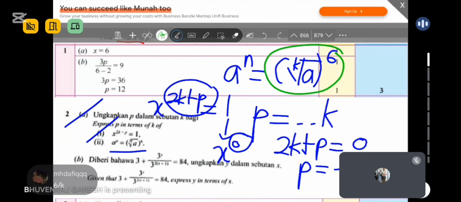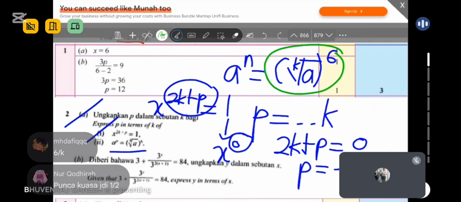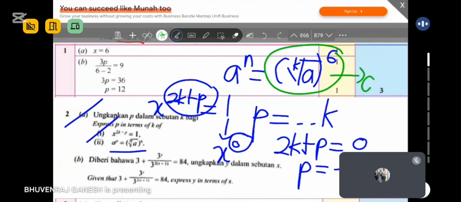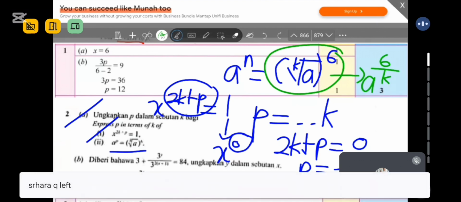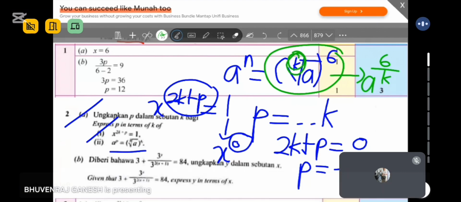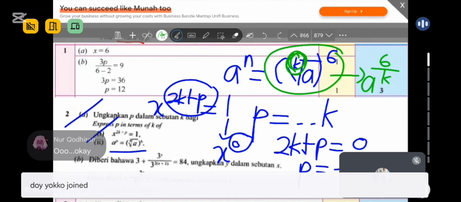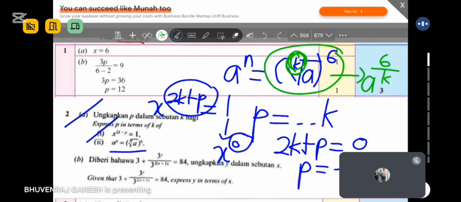Anyone? Siapa? Yes. Okay, you can modify to become 6 over K, guys. Kamu boleh tukar ni jadi A kuasa 6 per K. Okay, how to convert, guys? Yes. Okay, tapi kat sini punca kuasa dia adalah 1 per K. Sebab punca kuasa dia adalah K. Alright, your root is now K. So your indices will become 1 over K. Okay, lepas tu 1 over K times 6, 6 over K. Alright, so sekarang kamu boleh direct compare.